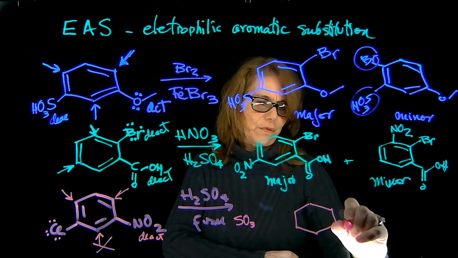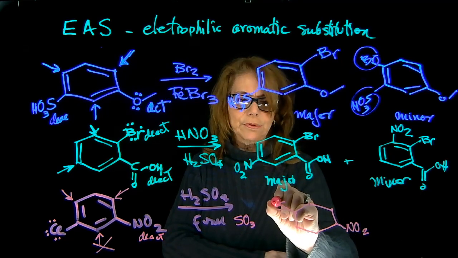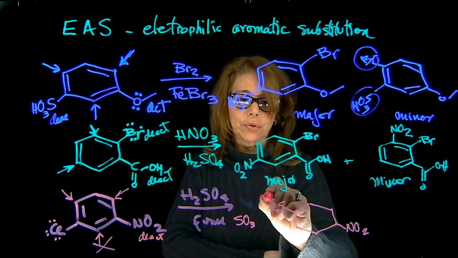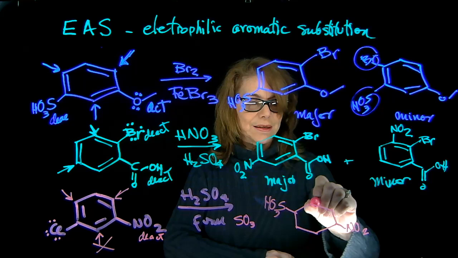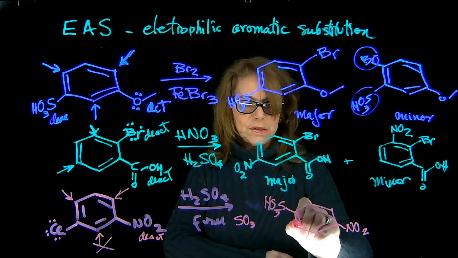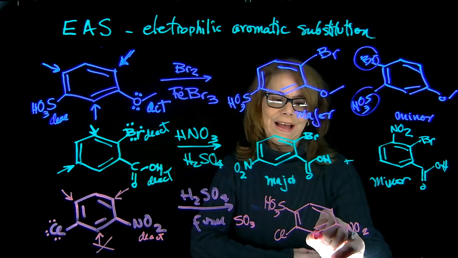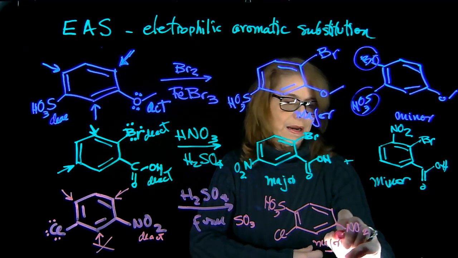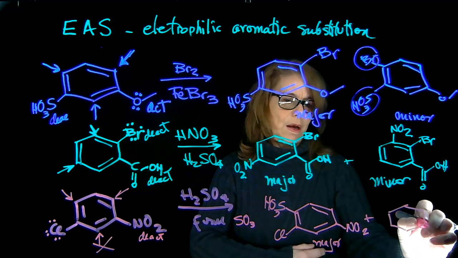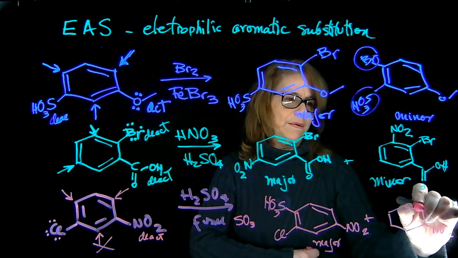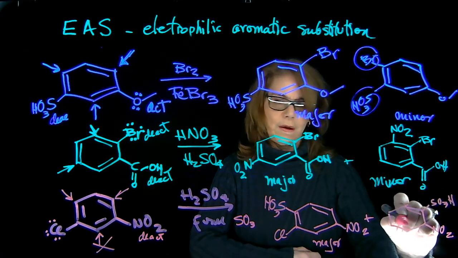Installing a sulfonic acid is a quite large group. So you don't want to have this. It's not going to go in there because it's too much steric hindrance. So we have less steric hindrance at that position. So that's your major product. And your minor is going to be next to the nitro group. So SO3H, this is my sulfonic acid. And Cl here.